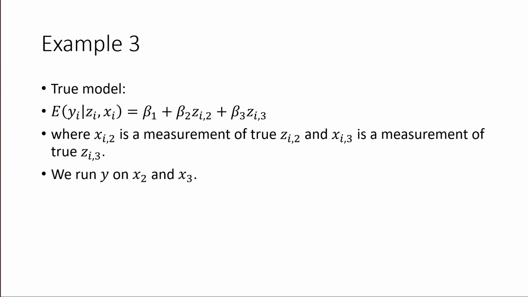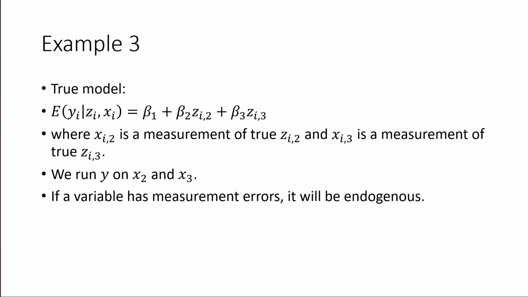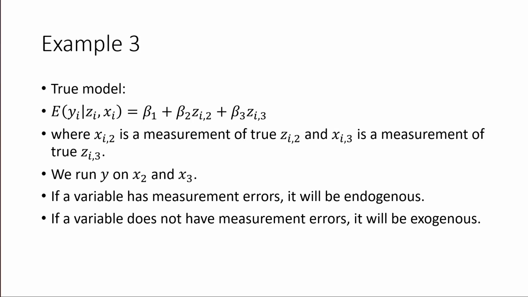Now, any variable that has measurement errors will be endogenous. If x2, for example, is a correct measurement of z2, then x2 will not be endogenous. However, if x2 has measurement errors, it will be endogenous. So all variables that are free of measurement errors will be exogenous.